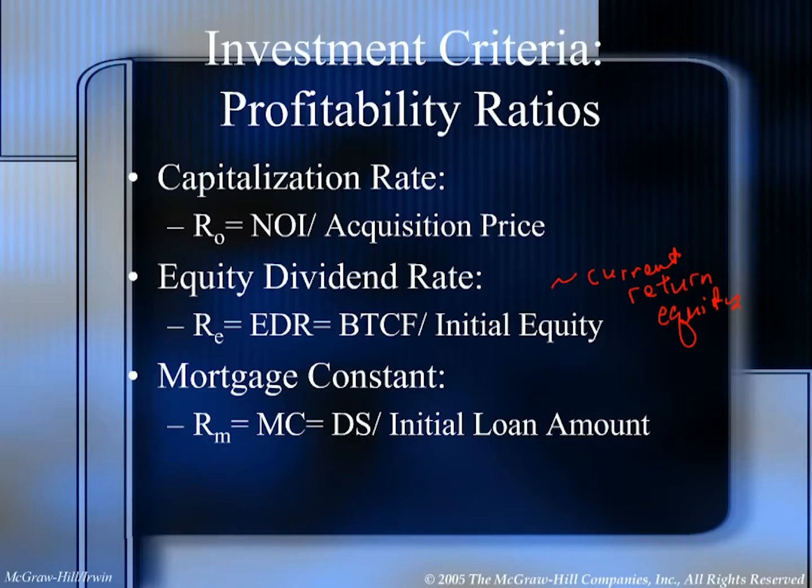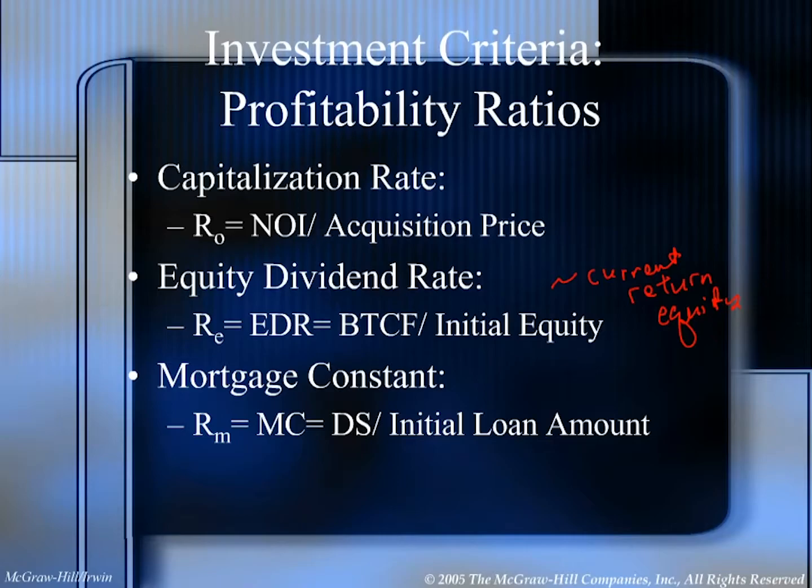There are other numbers that are looked at in making investment decisions. The capitalization rate, okay, that's just the NOI the first year divided by the acquisition price. So we look to see if that's in line with what other similar buildings are selling at. We look at the equity dividend rate, as they call it, which is the before tax cash flow divided by your initial equity.